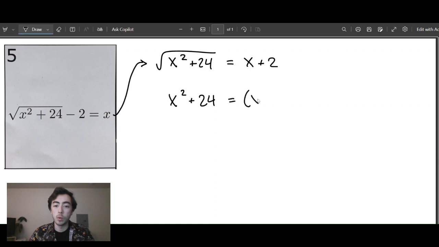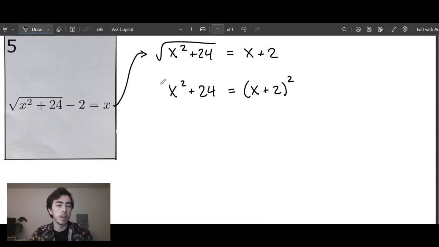And as long as I square the right side of my equation, this should still be true. Now, some funky stuff does happen with square roots, so I might get 2 answers for this problem, but it's always really useful to go back and plug them in and see if that funky stuff does happen or not.